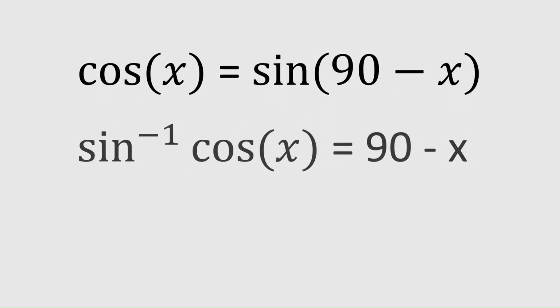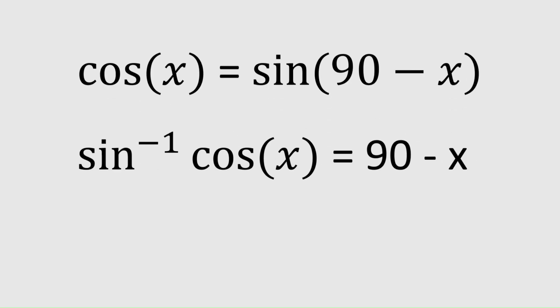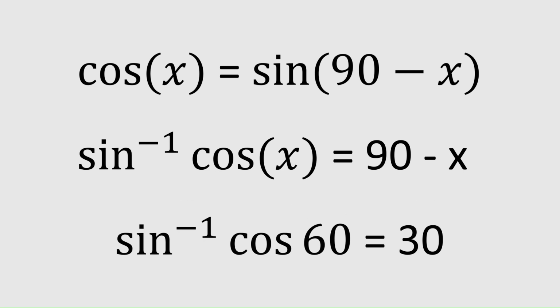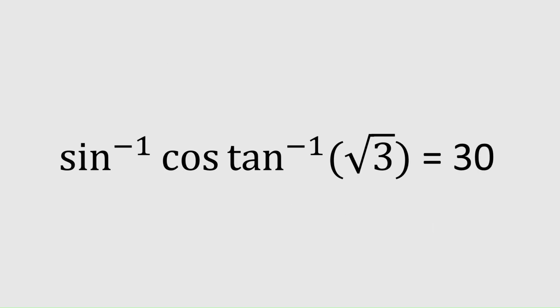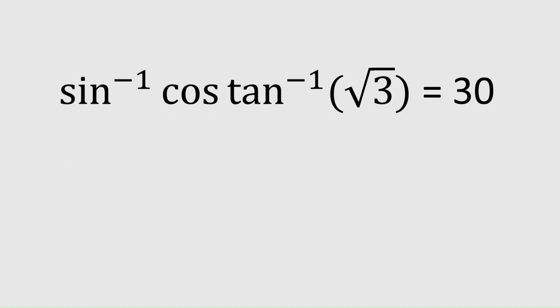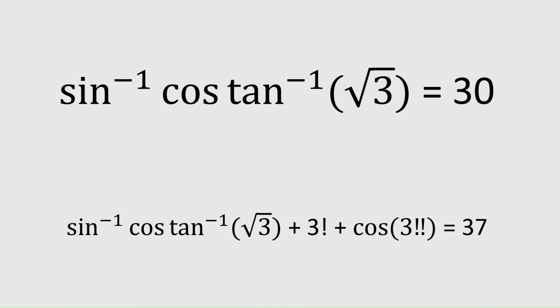So by shuffling some of the parts around, we can easily turn 60 into 30. This seems to be the simplest way to turn 3 into 30. I could not find a simpler way. But with it, we can easily make 37, although this is pretty long. However, we still have to make 22. How do we make 22?